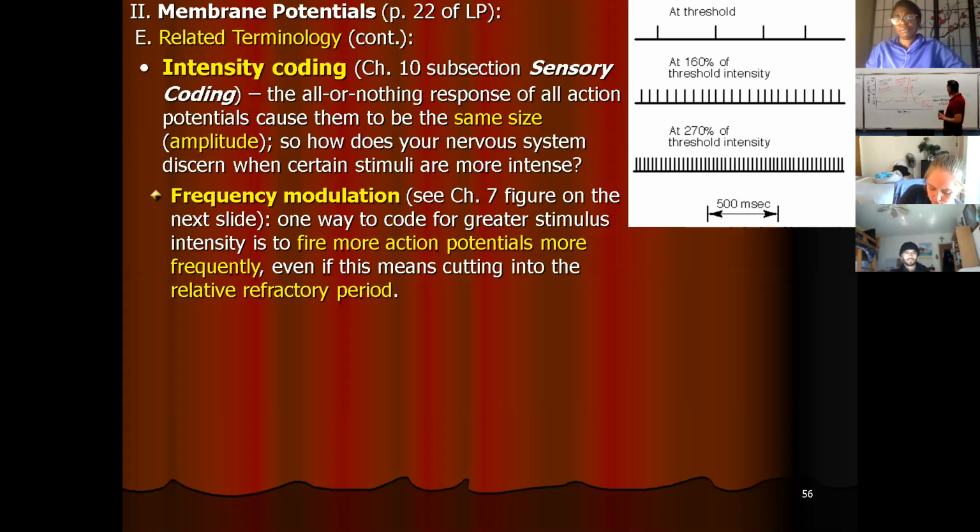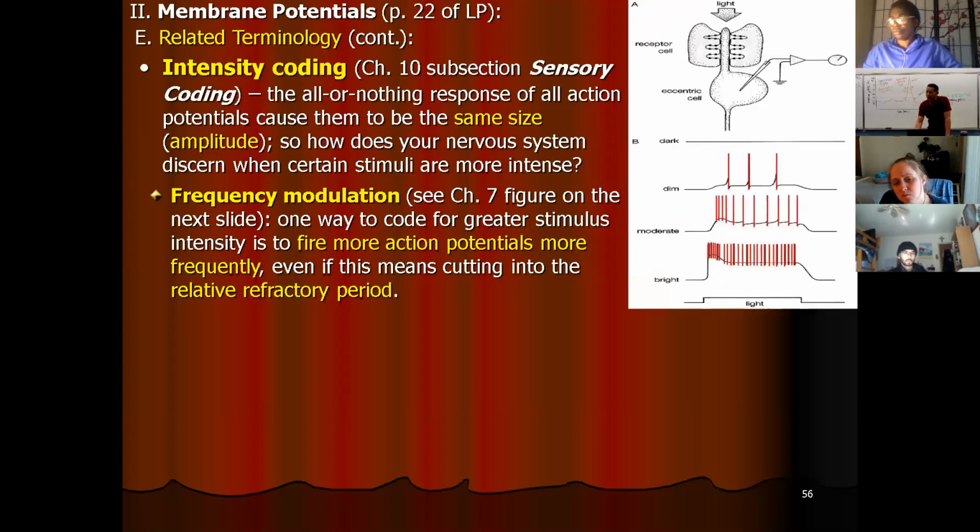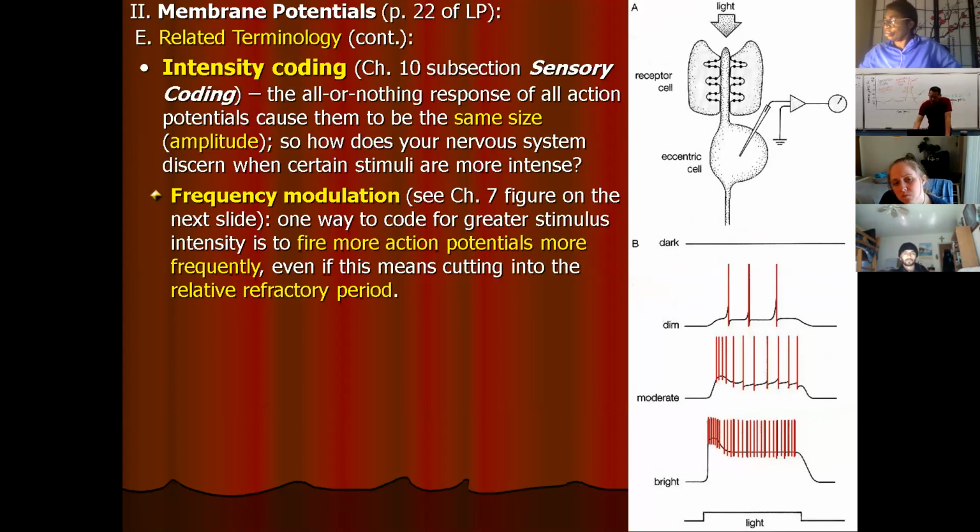And this is going to go even up into the relative refractory period. But then once you hit the absolute refractory period line, that's it. Your brain cannot tell the difference of a stronger stimulus for that neuron. Everybody got it? So then your body's going to recruit more neurons.